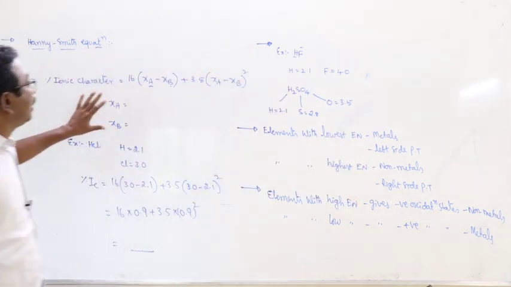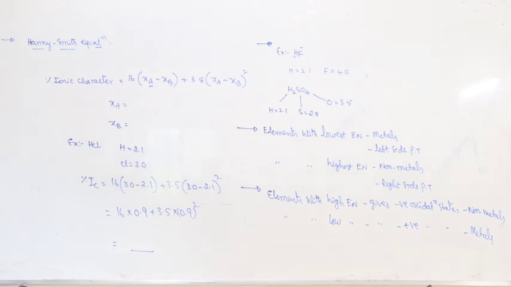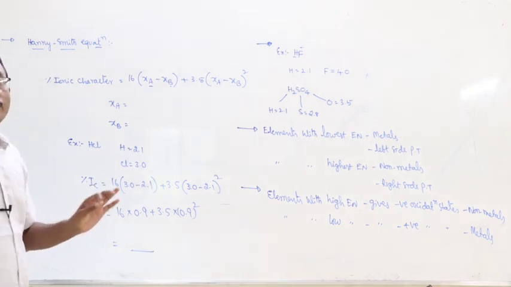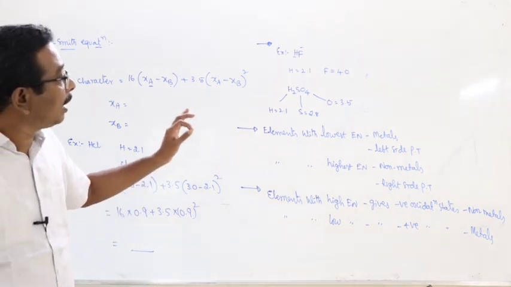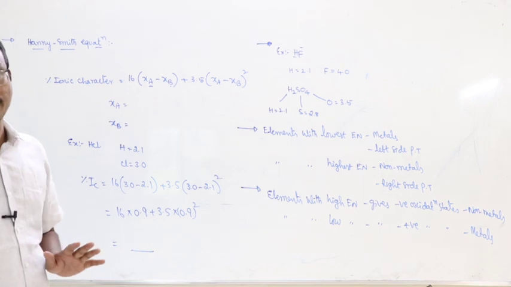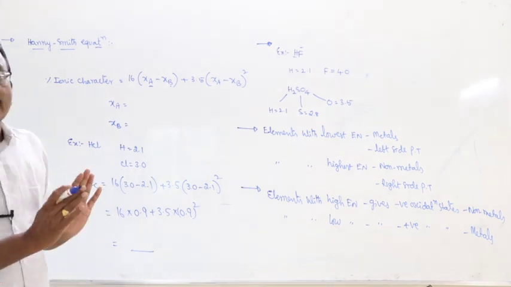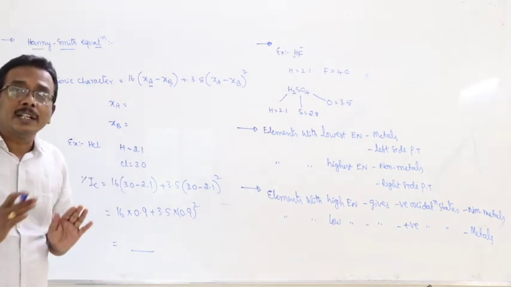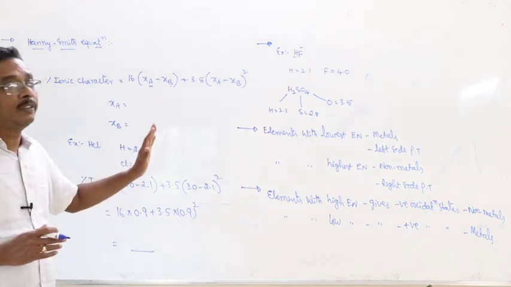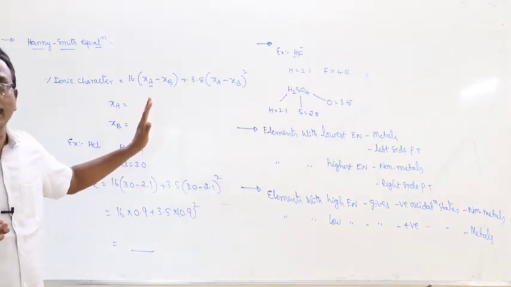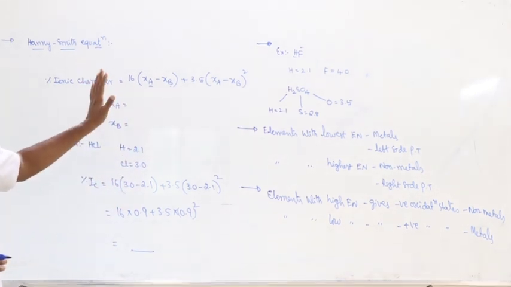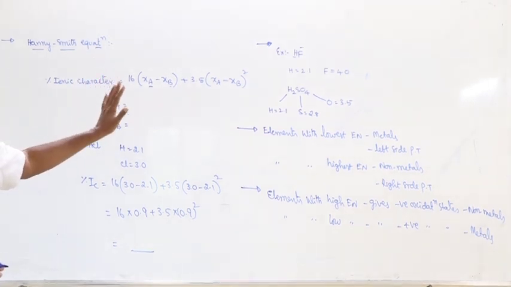And this is about the calculation of percentage of ionic character. And next one, electronegativity is used to represent the molecular formulae of the compounds also. This is about the information related to the electronegativity of elements in the periodic table.